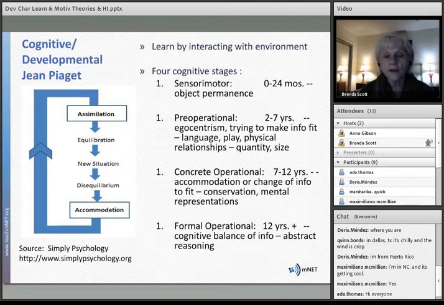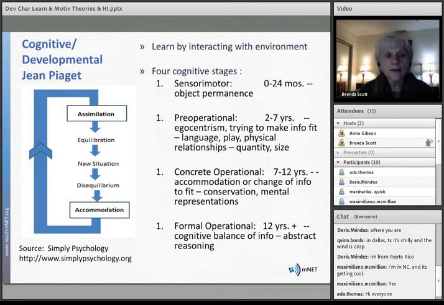You learn, or you figure out how to get along, or you get what you need, and so then you're accommodated, and then you start through the cycle again. So that's an interesting concept for learning, but also the stages as well fit very, very well with what we know about children and how they learn.